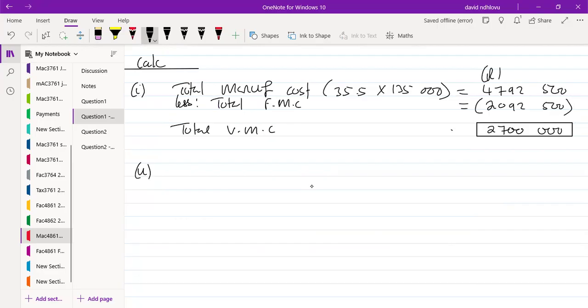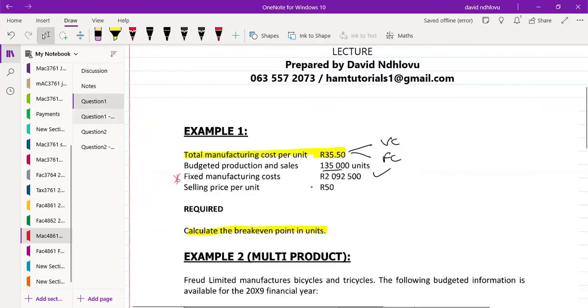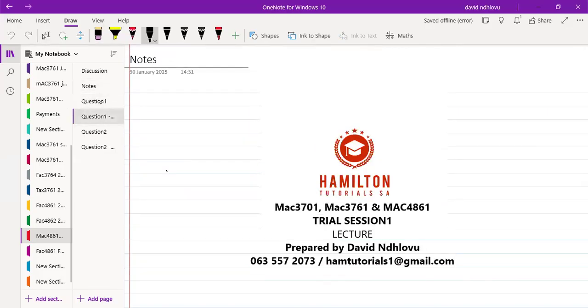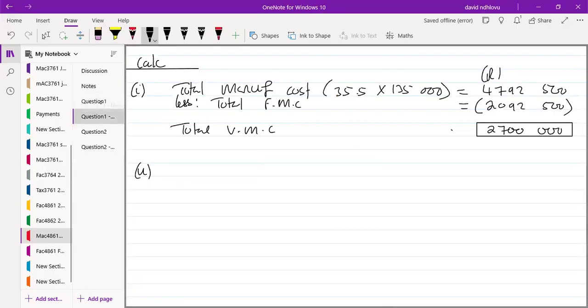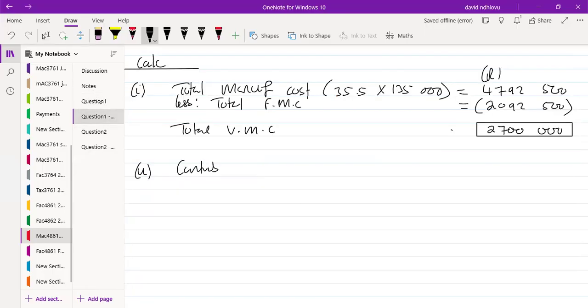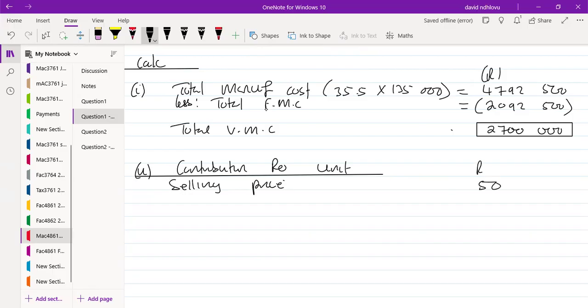Then we need to calculate contribution per unit. The selling price is given. So to calculate the contribution per unit, we will use our formula. The formula says selling price, which happens to be 50 Rand, less the variable cost per unit.